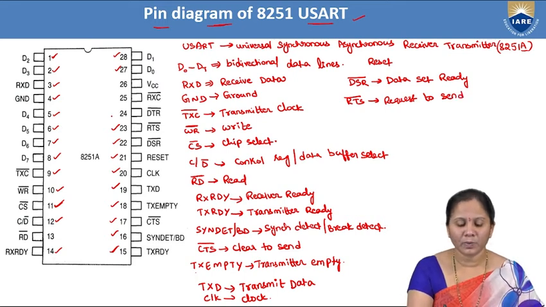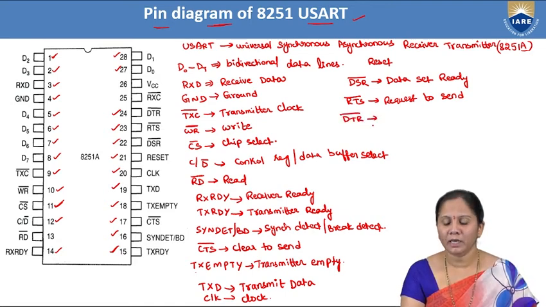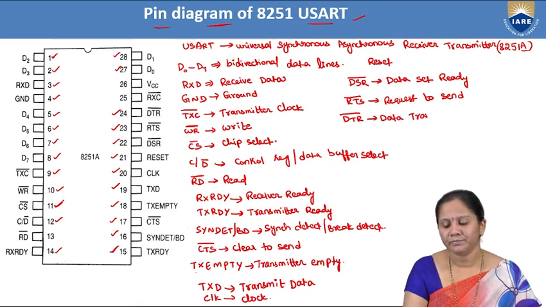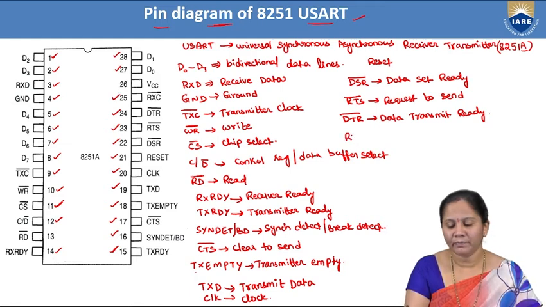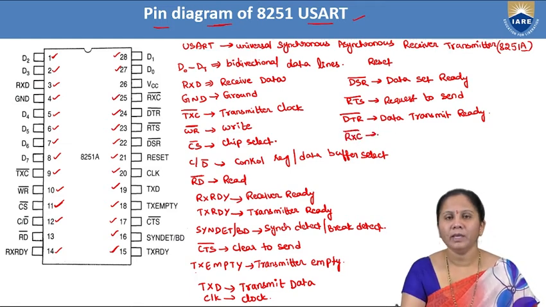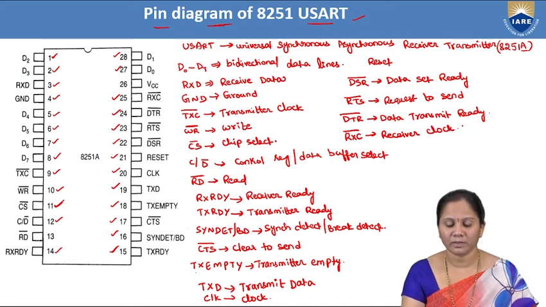The 24th signal is DTR bar. DTR means data terminal ready. The next is RXC bar. RX stands for receiver and C represents clock, that is, receiver clock.